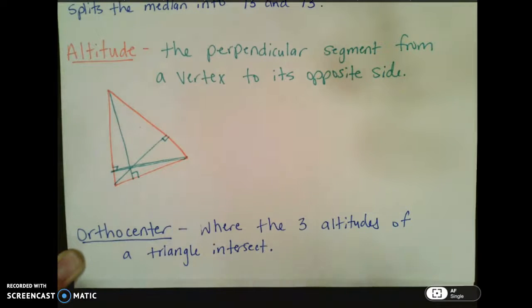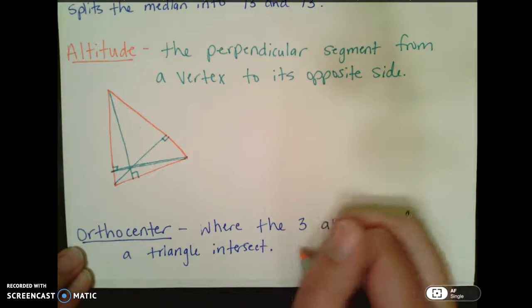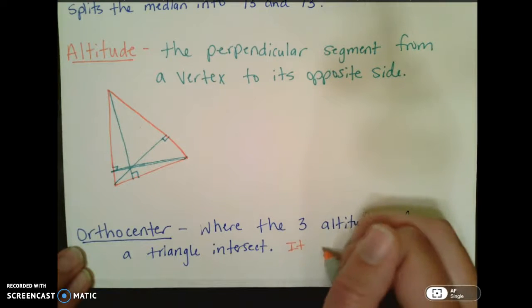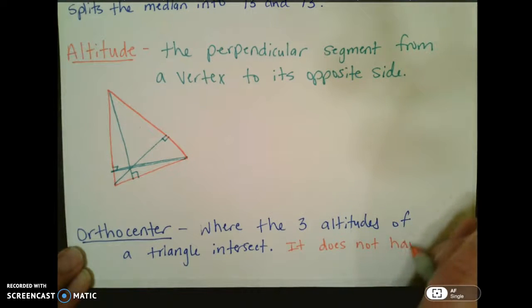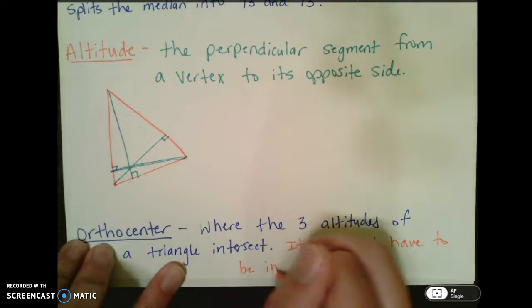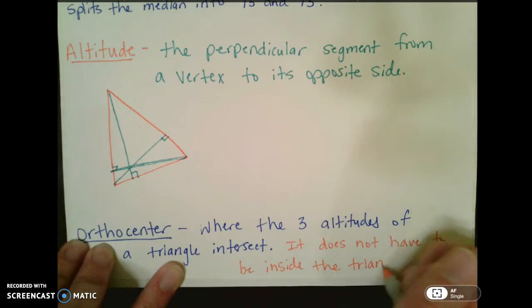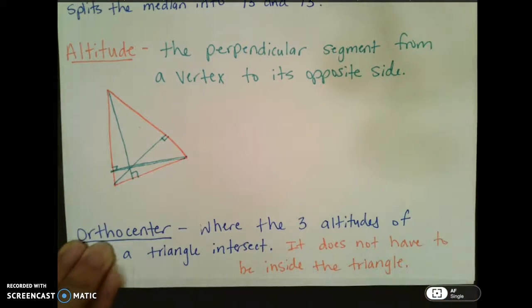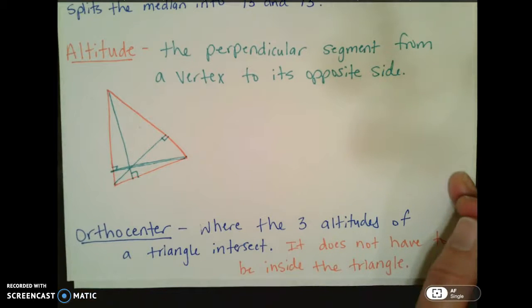They can intersect outside of your triangle. So you could have an orthocenter that intersects outside of the triangle. That usually happens when you have obtuse triangles. I'll show you some of those in class. That way we can see them.